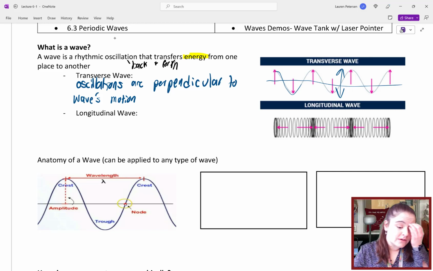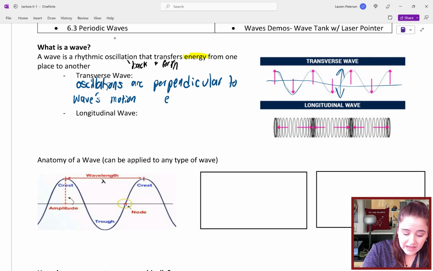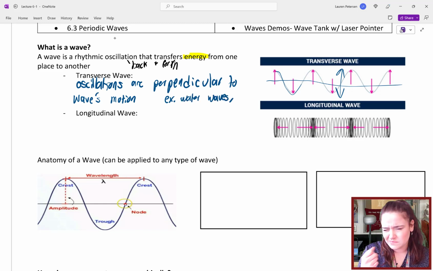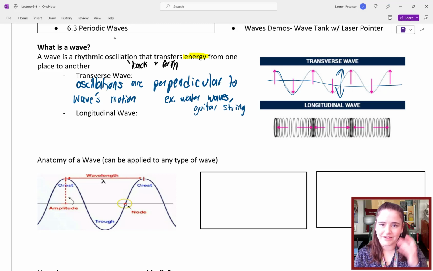Some examples of transverse waves are water waves, technically those are combination waves, but they're mostly transverse, and guitar strings. Any stringed instrument, when you pluck it, you're going to see that transverse wave.